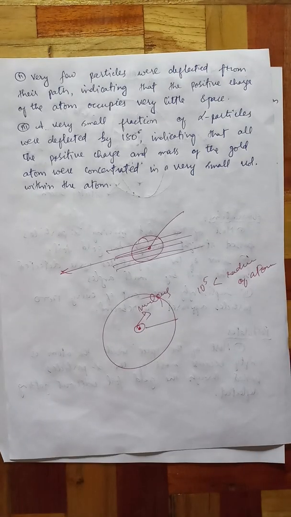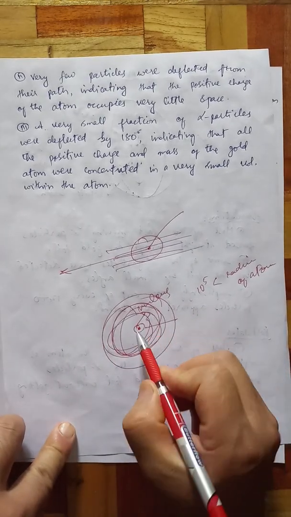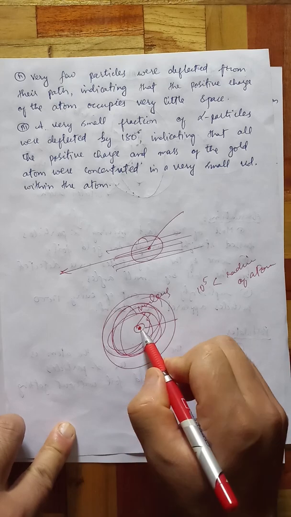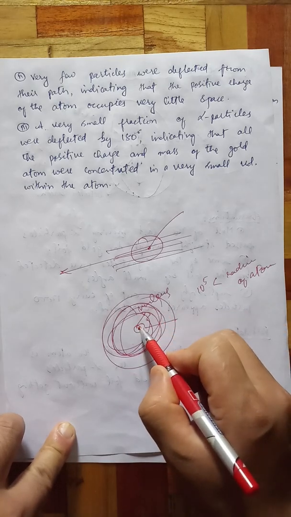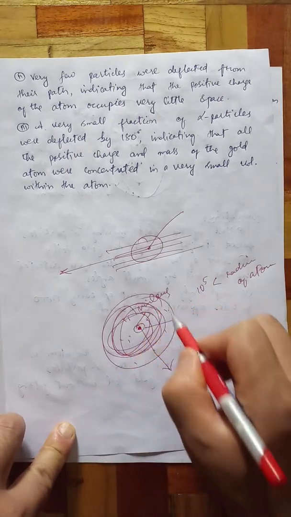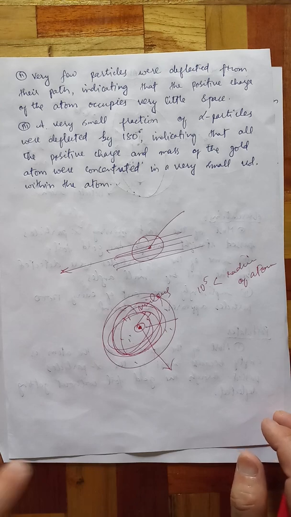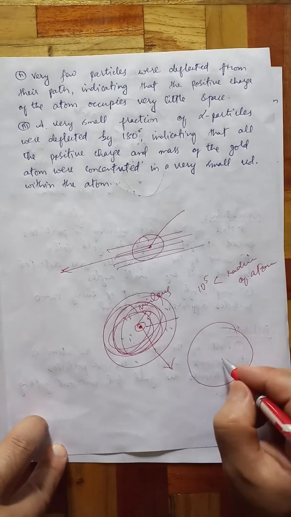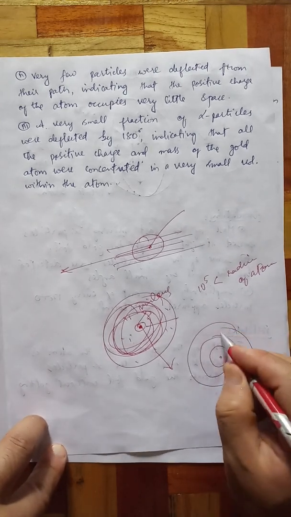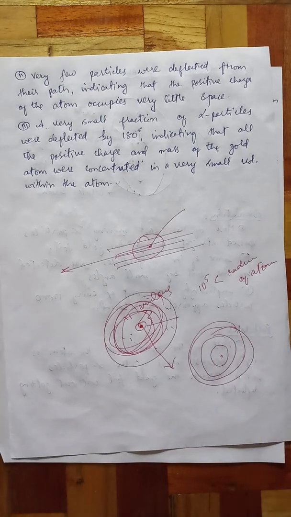Nearly all the mass of the atom resides inside the nucleus, because protons are found in the nucleus, and the mass of the electrons is almost negligible. The electrons revolve around the nucleus in circular paths. The size of the nucleus is very small as compared to the size of the atom.